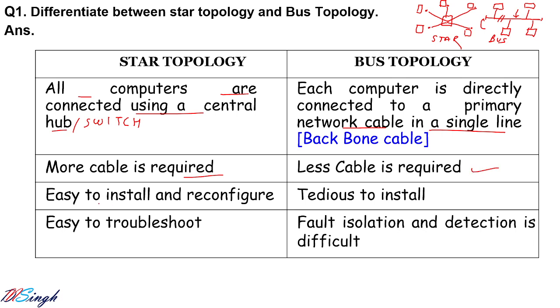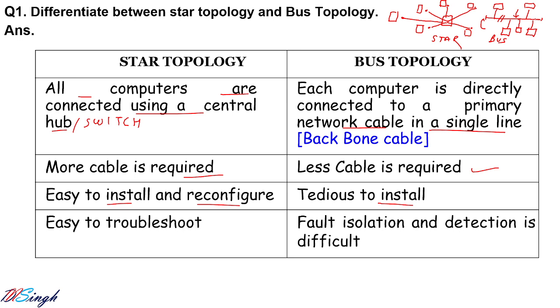This is another difference. Next one, easy to install and reconfigure. If you want to add one more device, you just need to lay down one more cable and add one more device. But here what you have to do, you have to create a new T point for adding a new device, which is quite a tedious task for bus topology, and it is also not easy to scale.